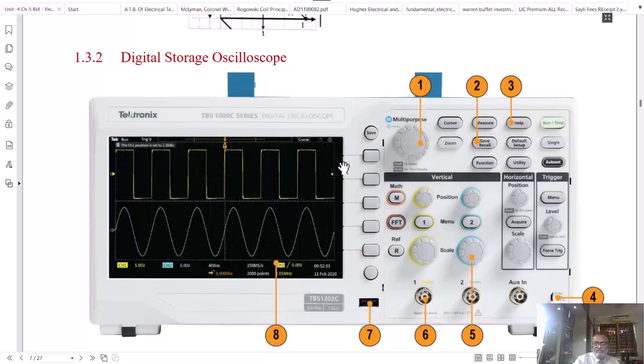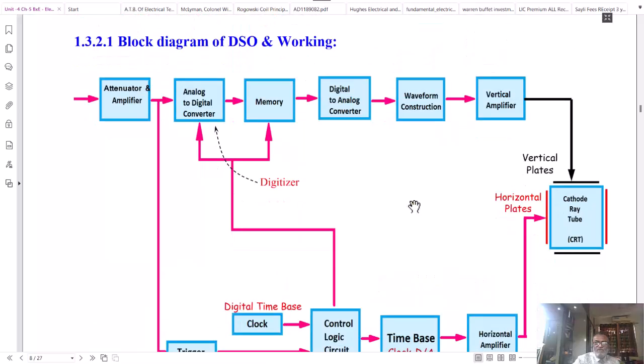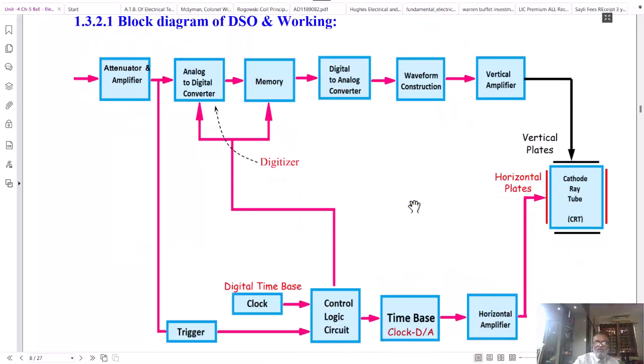The basic block diagram of a digital storage scope is shown here. In this diagram, the input is connected, as usual, to the vertical amplifier through an attenuator. The attenuator provides us the function of volts per division.